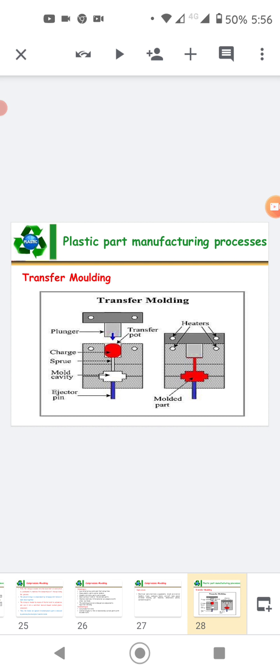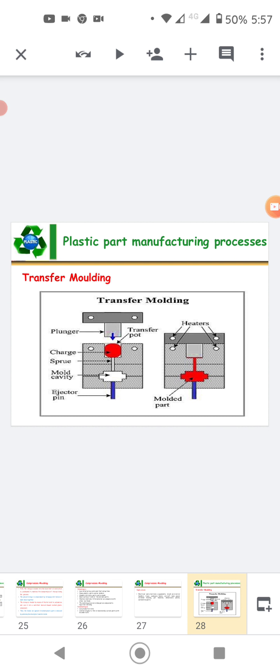The charge flows more readily, permitting production of large and intricate parts in a shorter cycle. The process is suitable for thermosetting plastics. Typical parts made by transfer molding are electrical components, and it is particularly suitable for intricate shapes having varying wall thickness.